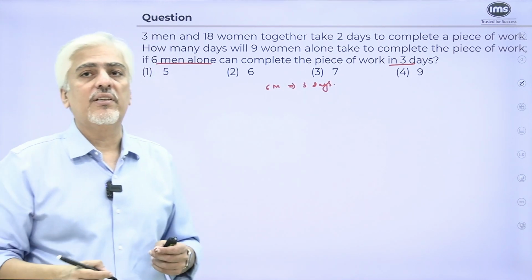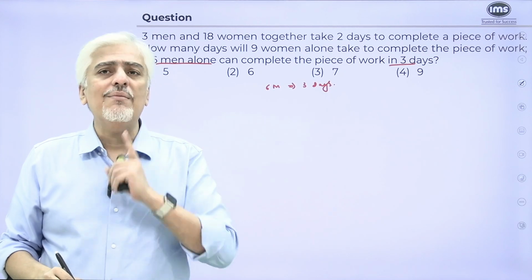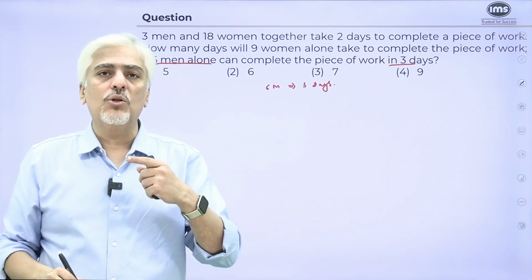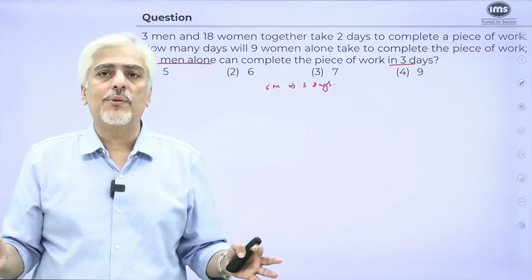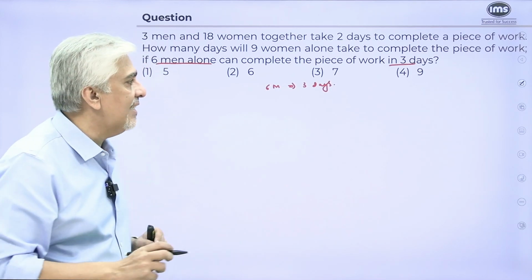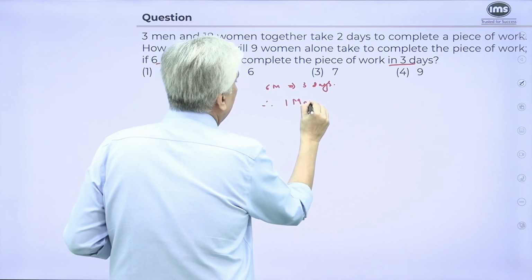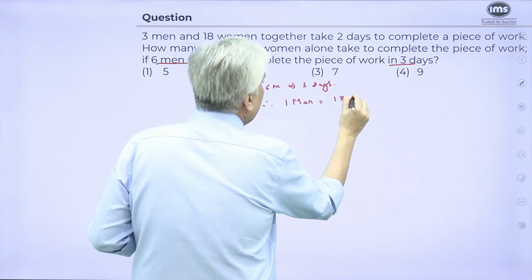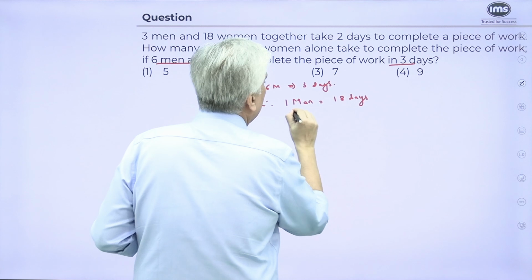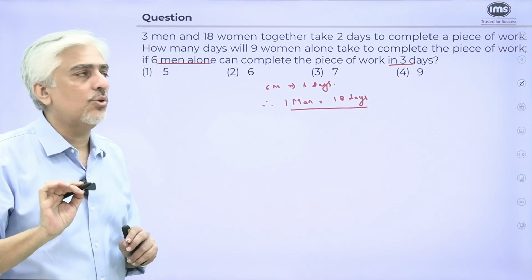This is the method I prefer. If 6 men can do the work in 3 days, how much time would 1 man take? If 6 of us are working, we'll complete the work in 3 days, but if I have to work alone, I will take 18 days. Therefore, 1 man alone will take 18 days to do the work.